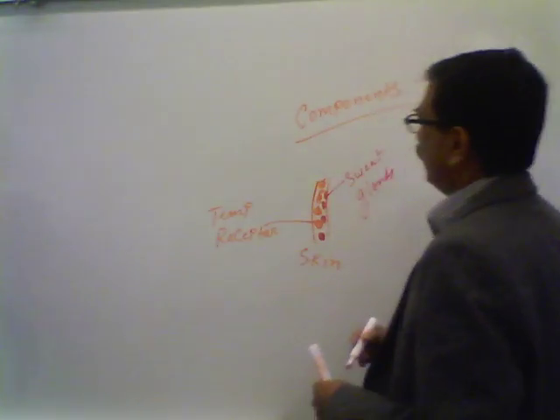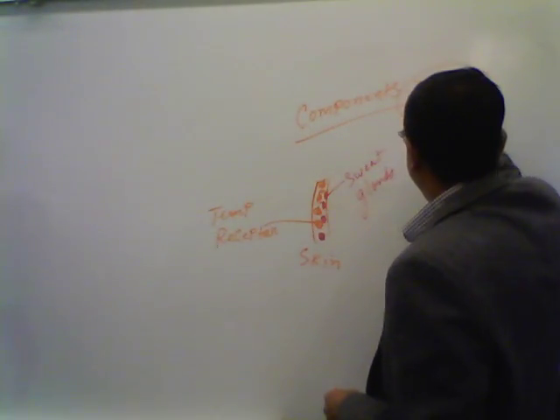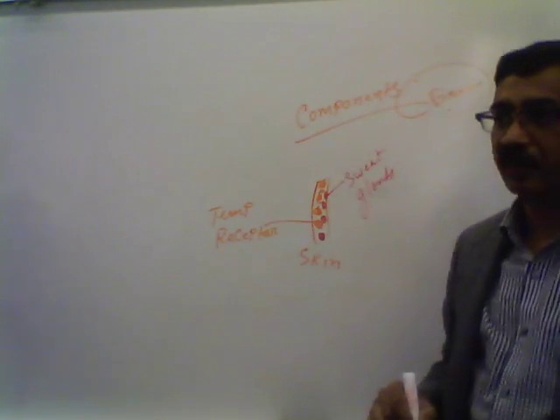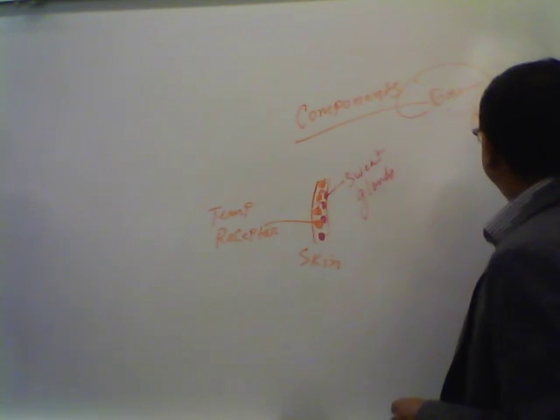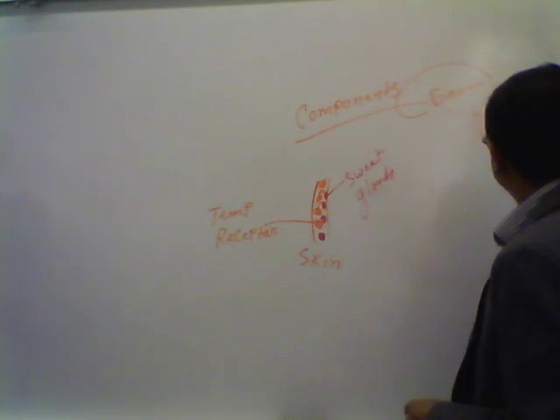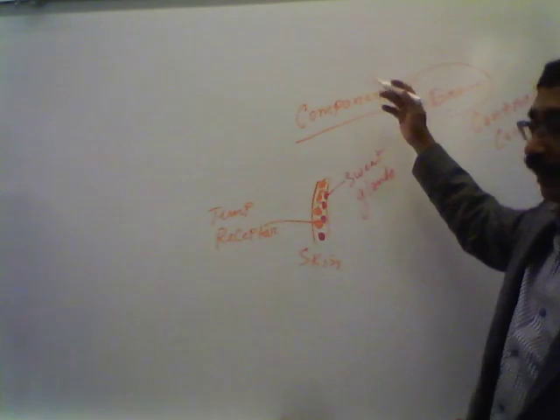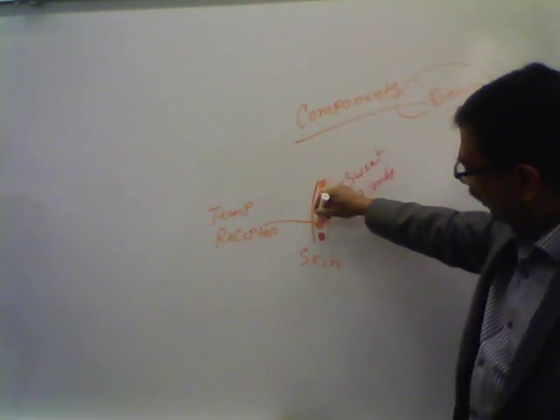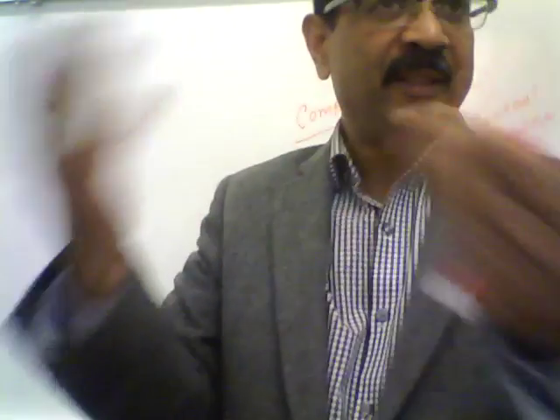Okay. And here is your brain, control center. You know that nervous system is the control center, control system. So that's the control center. Okay. Now, when the body temperature increases, these receptors detect that. Your receptors can detect, right?